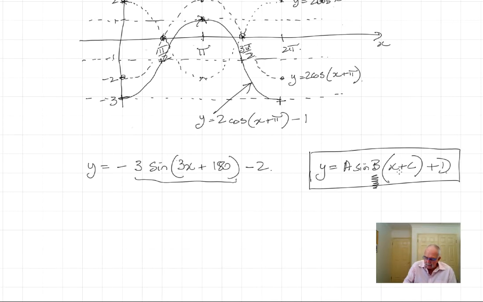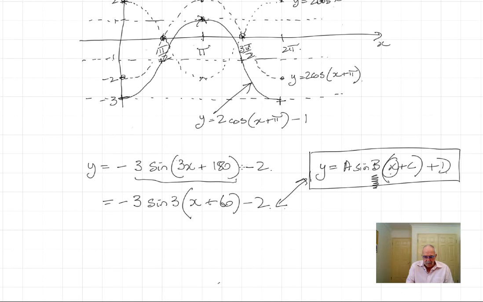Notice that for the b value, you must have an x inside the brackets. So we have to factorize this bracket. So we get -3 sine 3 open bracket, then we'll get an x inside the bracket. Now 3 times what is 180? 60, minus 2. Now we've got it in the form that we need it.